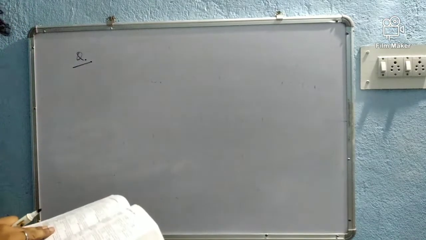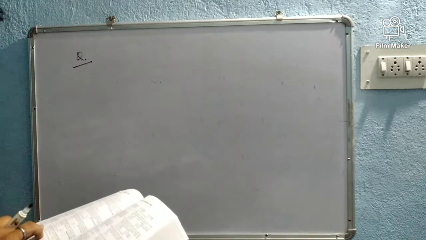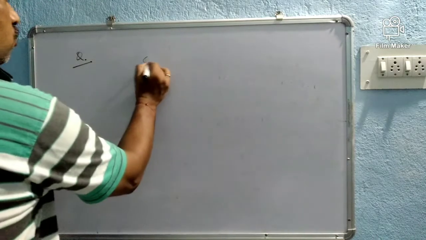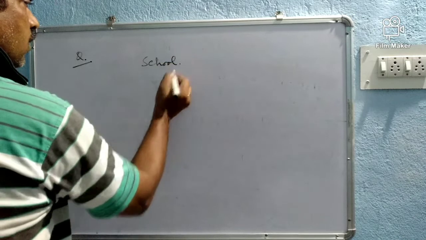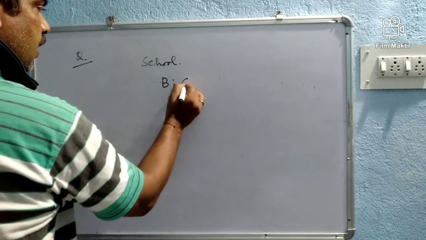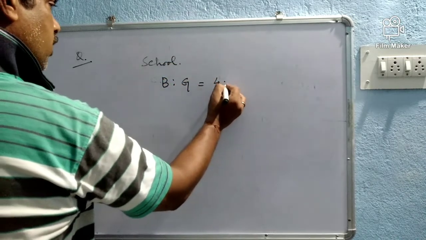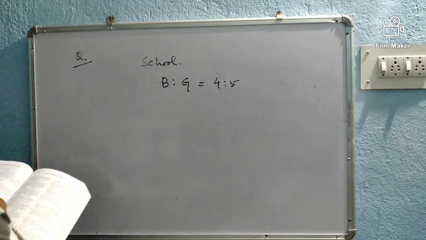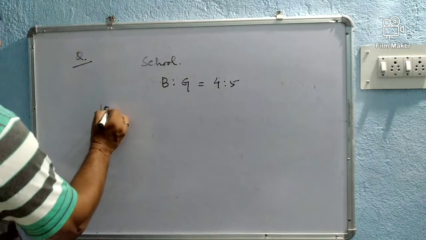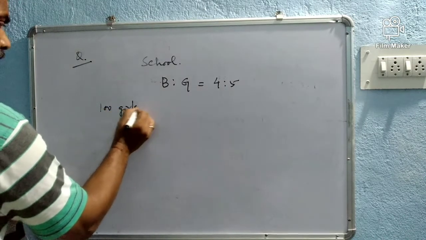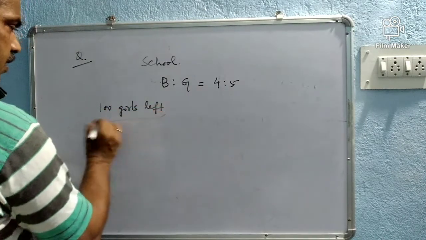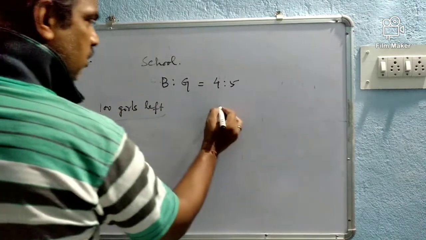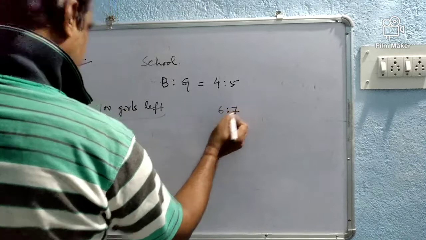Look, there is a question: in a school, the ratio of boys and girls was 4:5. In a school, the ratio of boys and girls was 4:5. Understood? When 100 girls left, then the ratio becomes 6:7.